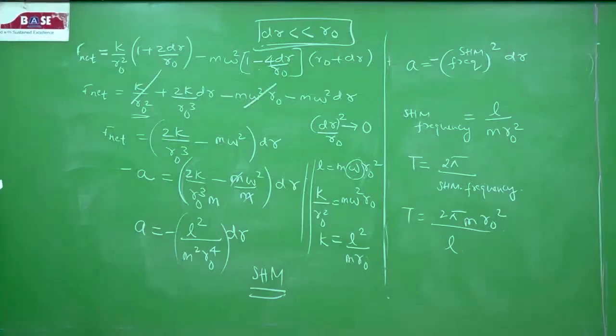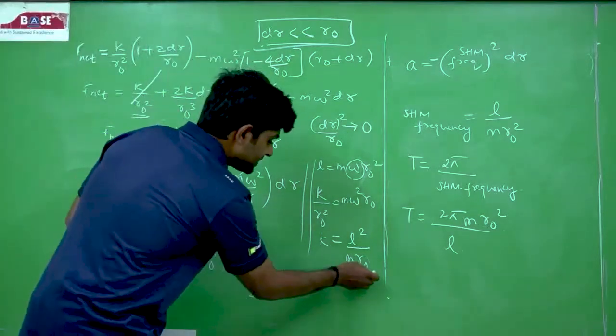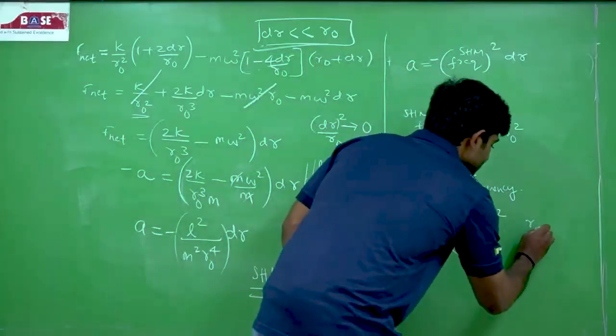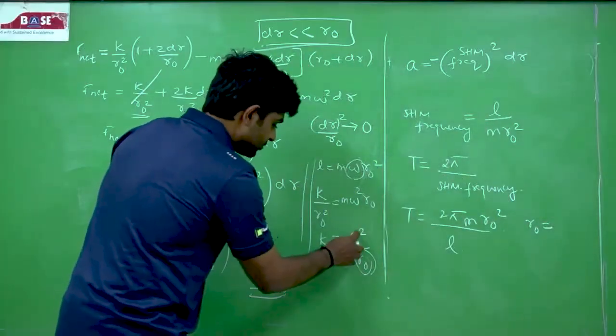That is 2 pi m r naught squared by L. But if you see that options are not in terms of that, so we have to get rid of r naught and express in a different format. So we know that r naught can be written as L squared by mk.